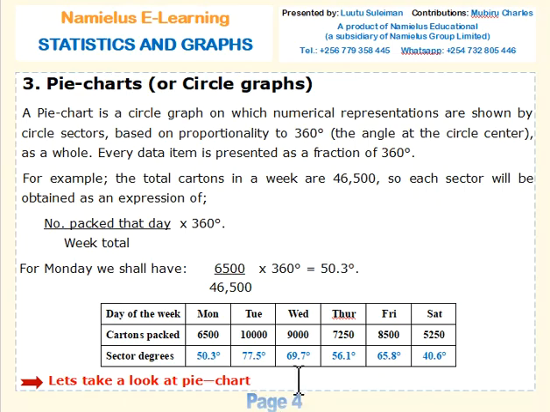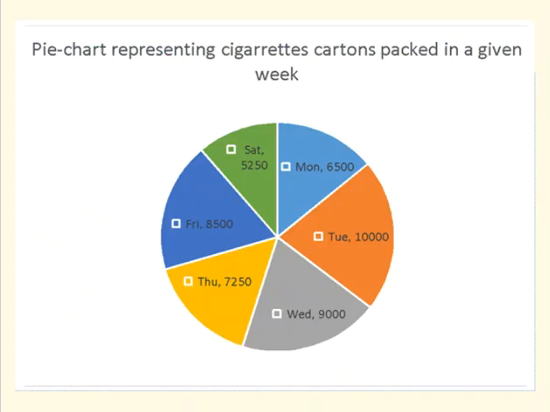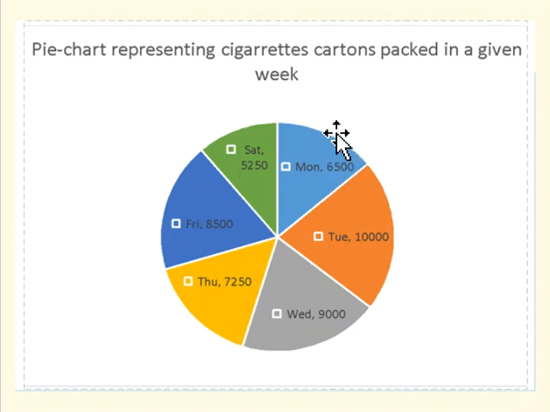Now let's take a look at a pie chart. This is the pie chart representing cigarette cartons packed in a given week. Remember, we said the week was a week in January 2020. So when you come here, you are going to see this sector, Monday.